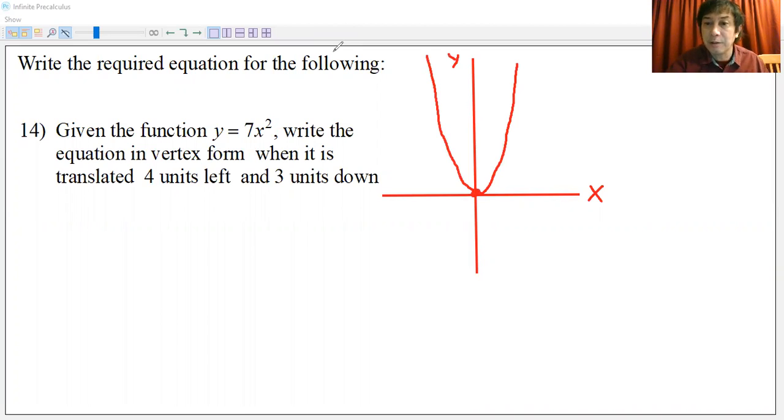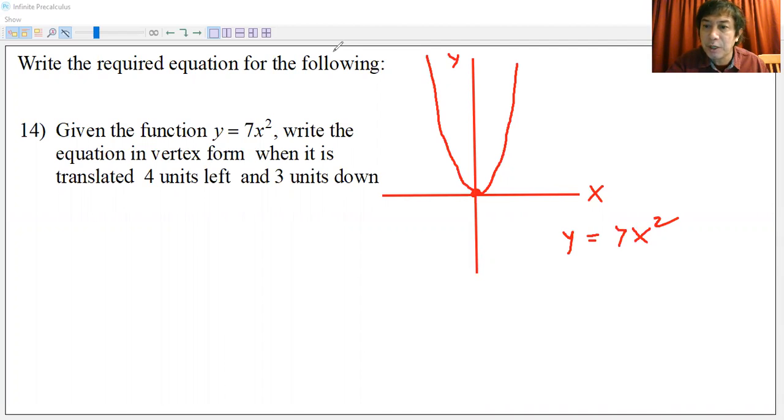That is actually y equal to 7x squared. Now, write the equation in vertex form when it is translated 4 units to the left and 3 units down.